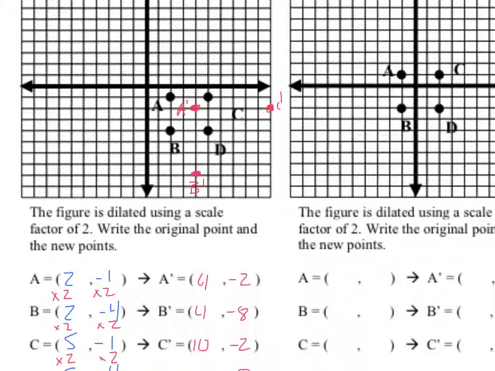And my D prime is supposed to be at 10, negative 8. Are these two shapes, my original figure in black and my new figure in red, similar? So these shapes do indeed look like they are approximately the same shape.